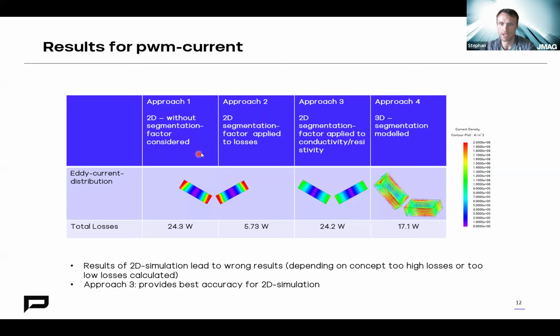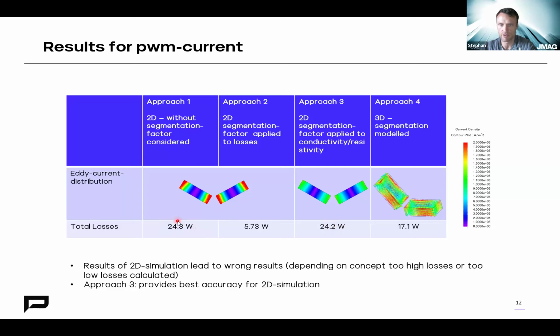And let's say by chance, or I think by coincidence, approach 1 provides a very similar result as approach 3. For me, this is just coincidence because boundary conditions are completely different between approach 1 and approach 3. So that's why I think this is only coincidence that these values are the same. So I wouldn't generalize it for the whole operation map.